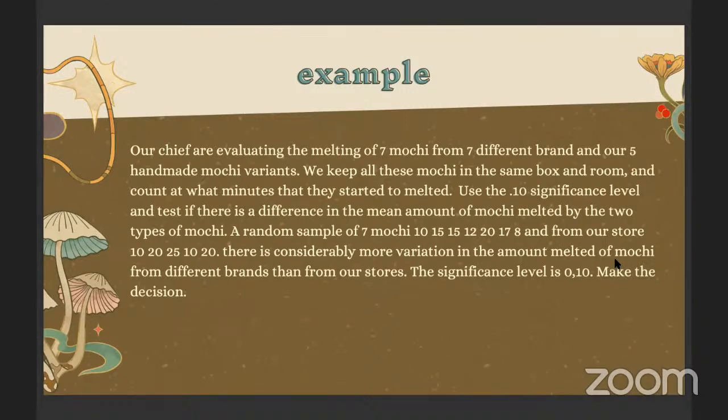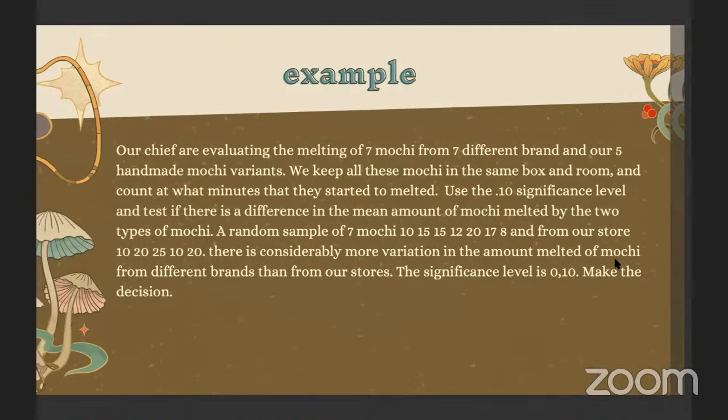A random sample of 7 mochi is 10, 95, 9, 15, 15, 12, 20, 17, and 8. And from our store, it is 10, 20, 25, 10, and 20. There is considerably more variation in the amount melted of mochi from the 7 different brands than from our store. Suppose that the significance level is 0.10, and we should make the decision.